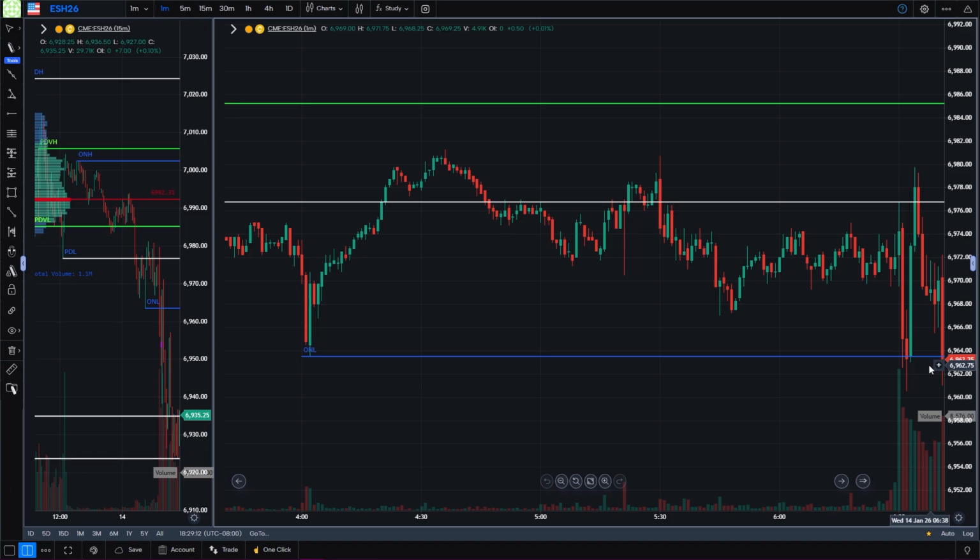So at this point, if you are bearish on the day or you have a hypothesis that says we're going to push lower, you might want to enter this on a market order because you're thinking that if it starts breaking this, buyers are going to give up, sellers are going to come in, and I don't want to miss the move. So that might be a market order situation.